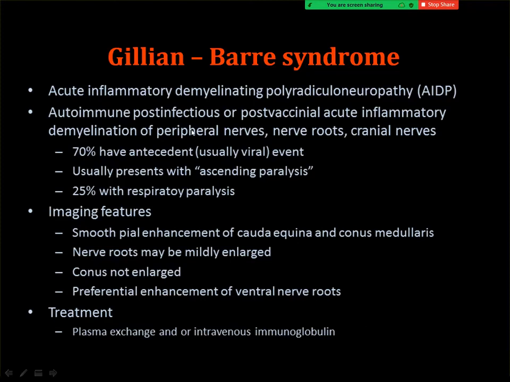This syndrome is an acute inflammatory demyelinating polyradiculopathy.